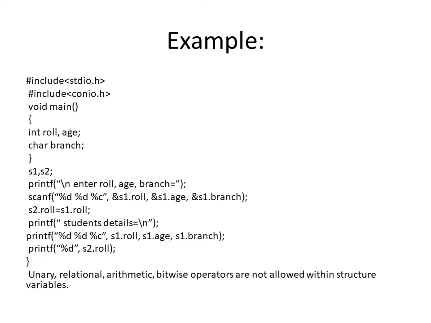Print the student details. Before printing, I should mention the control strings of the data types, that is %d and %c for character, for roll number, age, and branch. Print s2, where %d is the control string of s2 roll number. Unary, relational, arithmetic, bitwise operators are not allowed on structure variables.